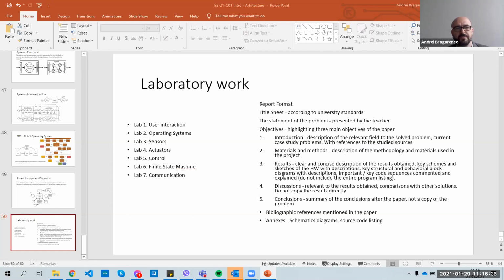Why Arduino? I'm using Arduino because, but what is Arduino? Arduino is not a microcontroller. When we are speaking about Arduino, it's like we are speaking about Unix, okay?